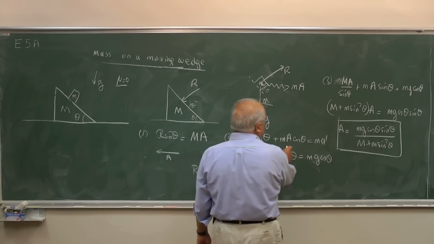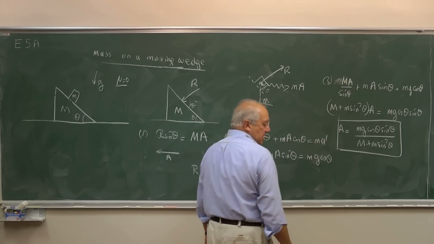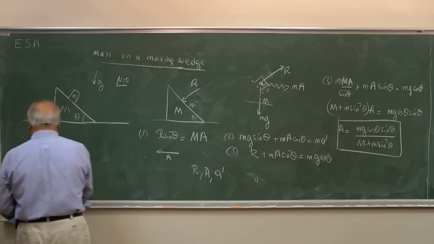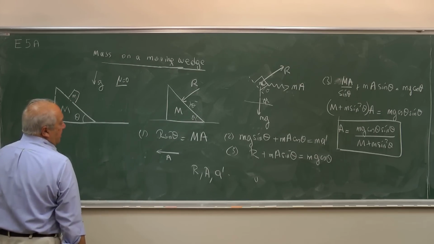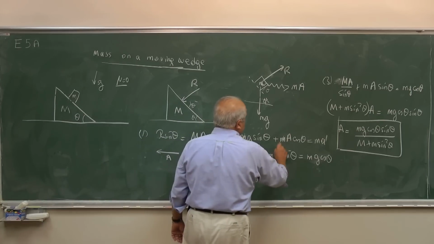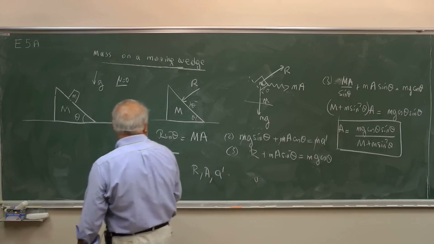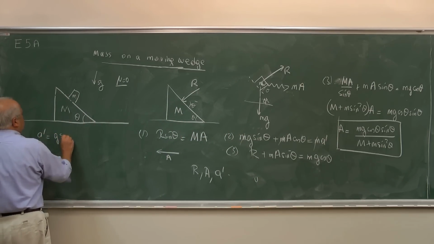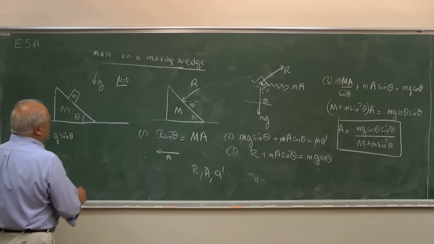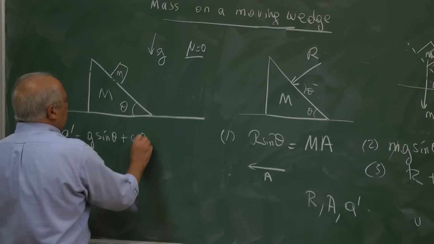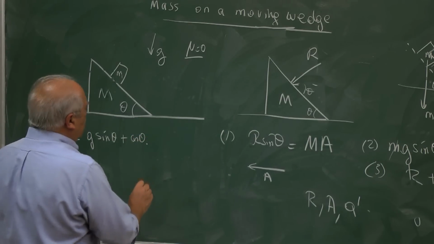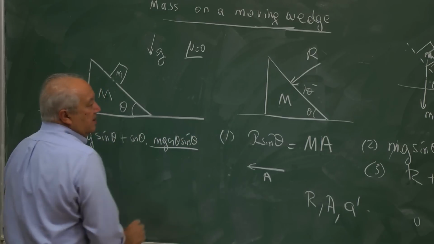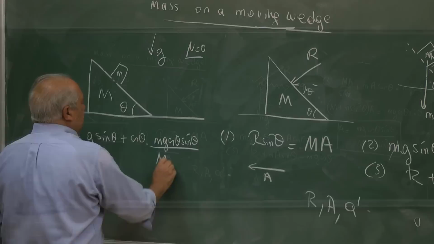Now that A is known, we can solve for A prime. I cancel the m's. A prime equals g sine theta plus cosine theta times A, which is mg cosine theta sine theta divided by m plus m sine square theta.